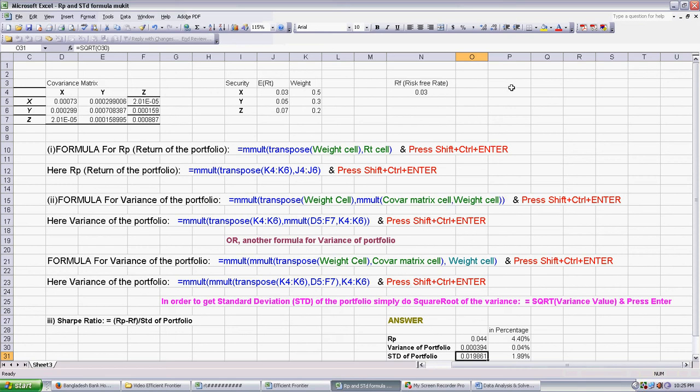So we will do it again here. Return of the portfolio. So what is the formula?